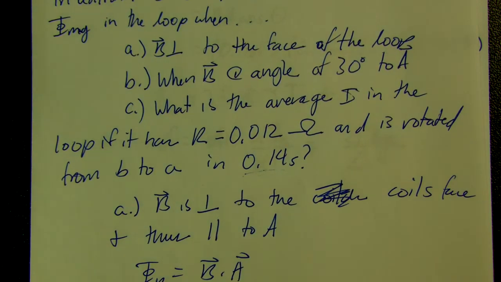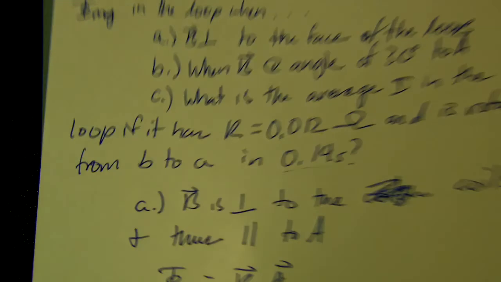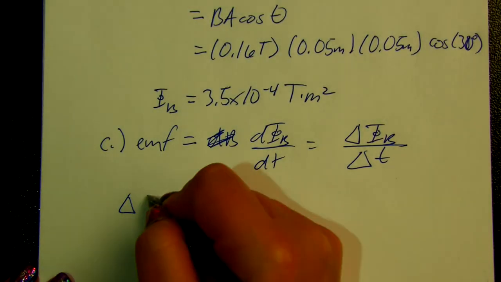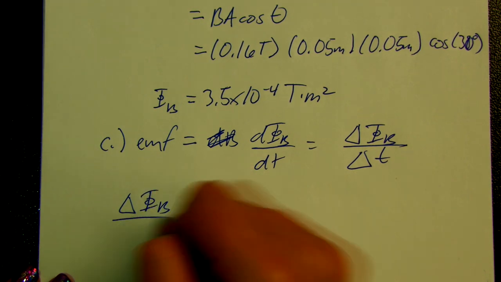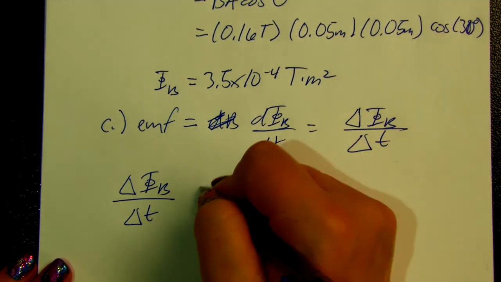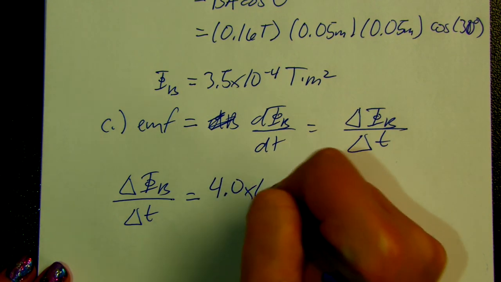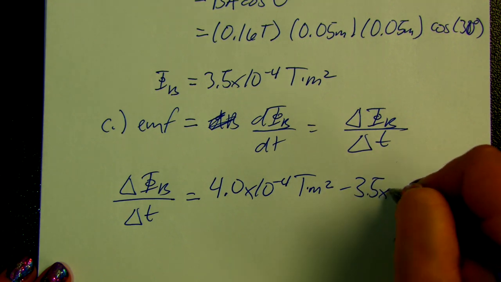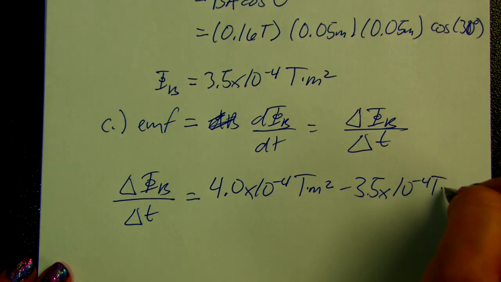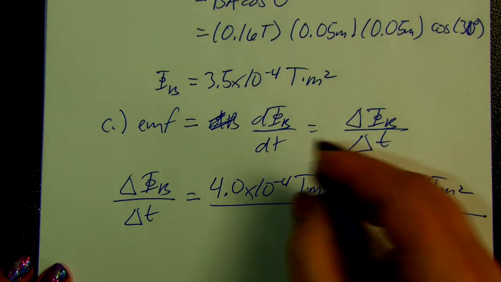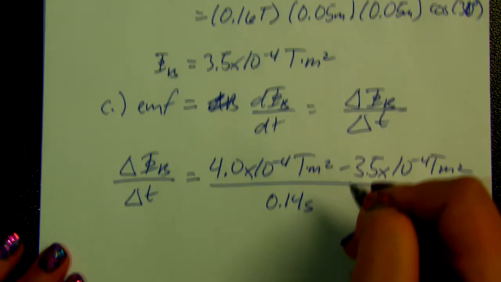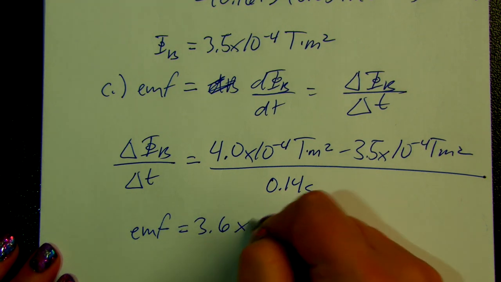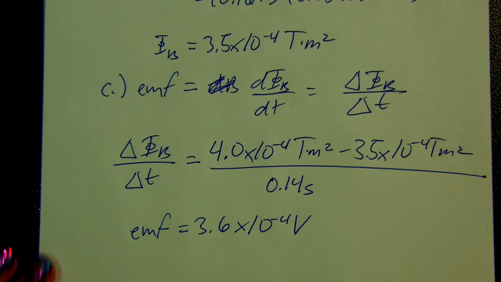So we have the change in magnetic flux and the change in time, so we actually have a really simple algebraic plug and chug. The change of magnetic flux over the change in time is equal to 4.0 times 10 to the minus 4 Tesla meters squared minus 3.5 times 10 to the minus 4 Tesla meters squared over 0.14 seconds. EMF is equal to 3.6 times 10 to the minus 4 volts.